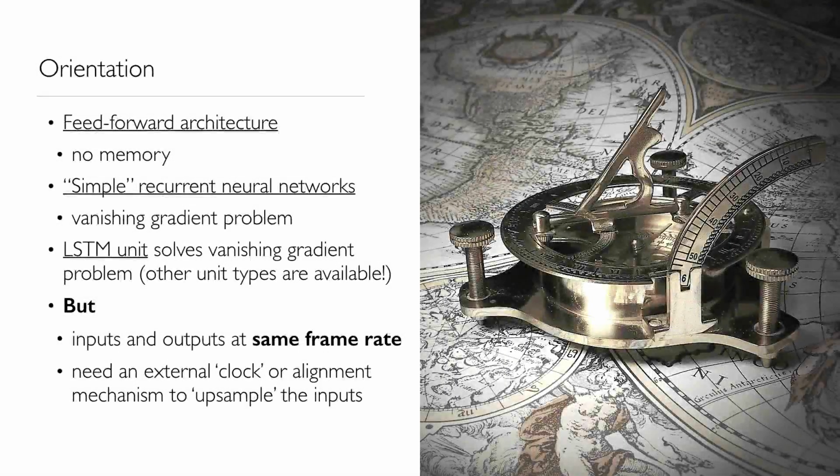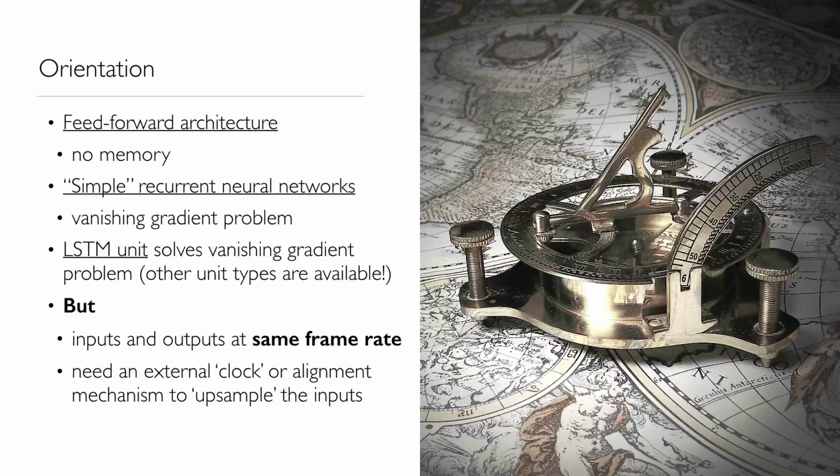So here is what we have learned now. In the neural networks so far, we assume the input and the output data have the same length. They are aligned, so they have the same sampling rate. For the feed-forward network, there is no memory. It only takes the current input and gets the corresponding output.